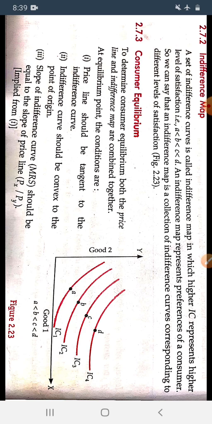Indifference map is the collection of different indifference curves which shows different levels of satisfaction. So next is consumer equilibrium. To determine consumer equilibrium, both the price line and the indifference curve are combined together.